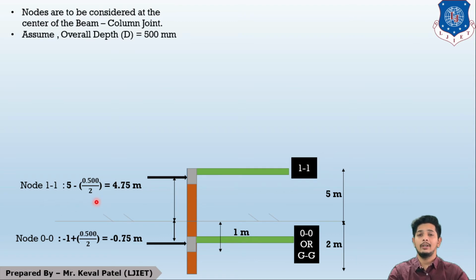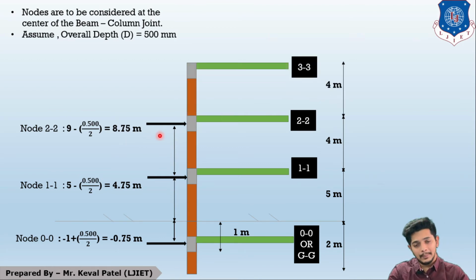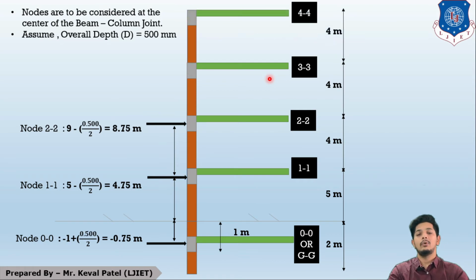So node 11 will be located at 4.75 meter from the ground line. Now talking about node number 2, the average height is 4 meter. So from the ground line, node number 2 height will be 4 plus 5, which is 9, minus half of the beam height. So it will be 9 minus 0.500 by 2. It will be 8.75 meter from the ground line. The same will be applicable for 3, 4, and furthermore.